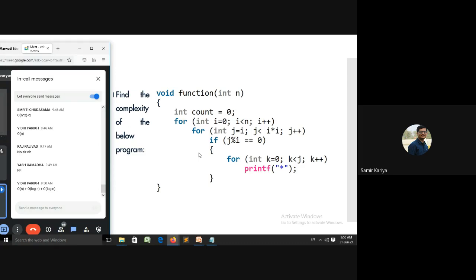Order of n, order of log n. Okay, I don't know. What about the other students?